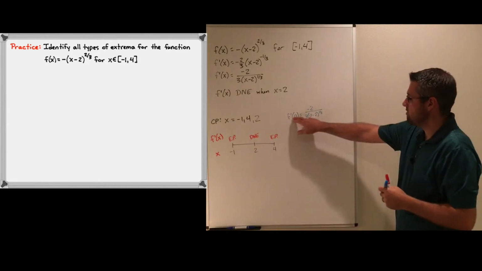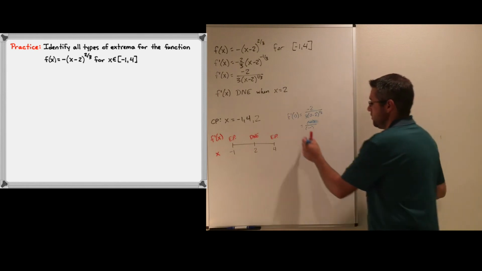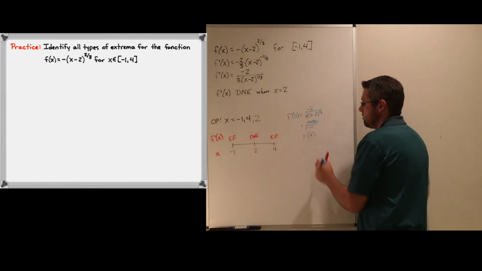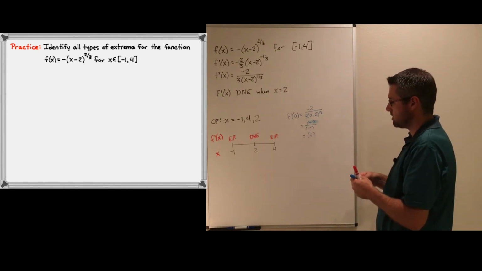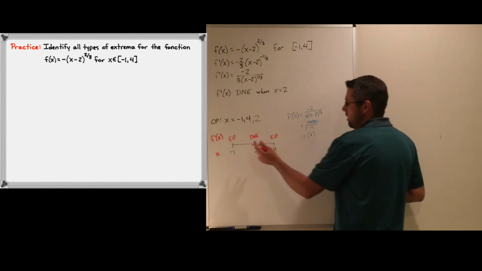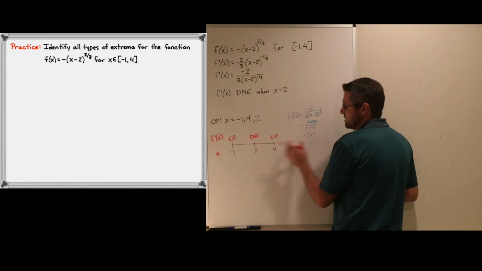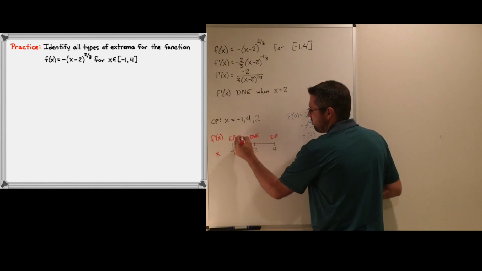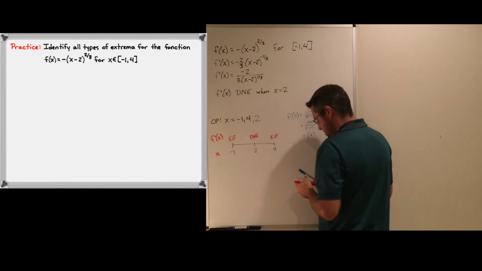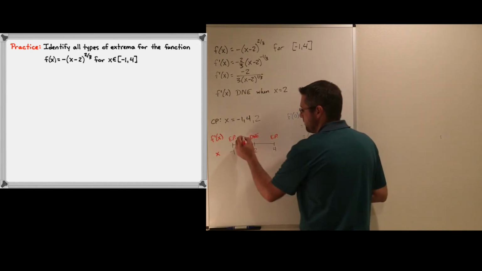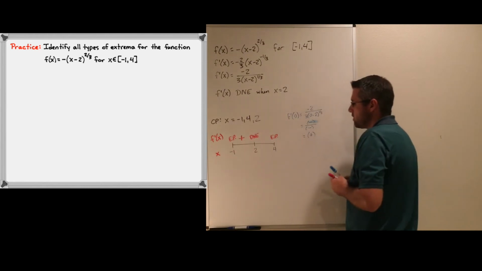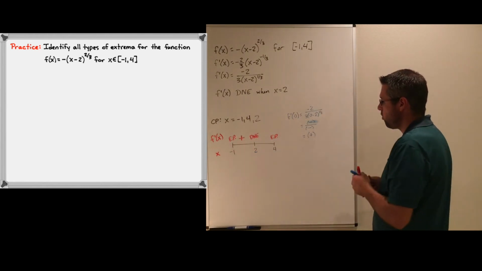So f prime of 0 is actually going to be a positive number because a negative divided by a negative is a positive. So if f prime of 0 is positive, that means within this interval, f prime must be positive everywhere.